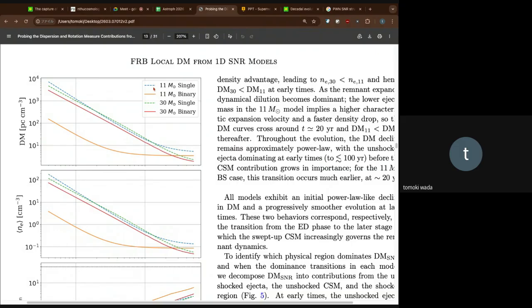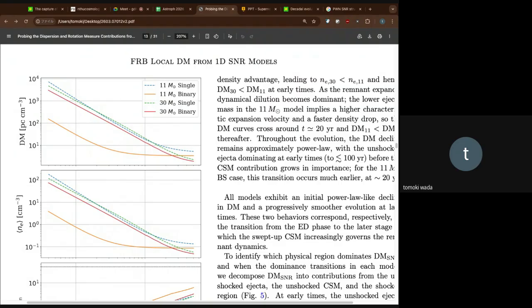Please compare this dash, for example, for the low mass progenitor, the 11 solar mass case, the lines, both blue and orange, show the difference between single and binary. For this case, the time evolution of dispersion measure is very different. The initial value of dispersion measure is very different. This is because they also track the stellar evolution using the MESA code.